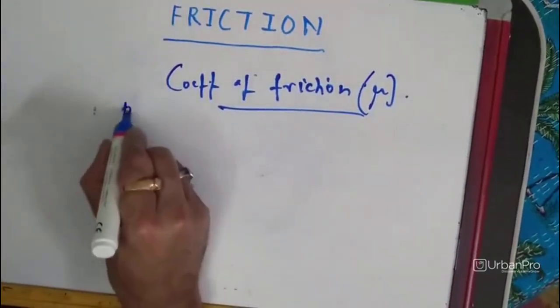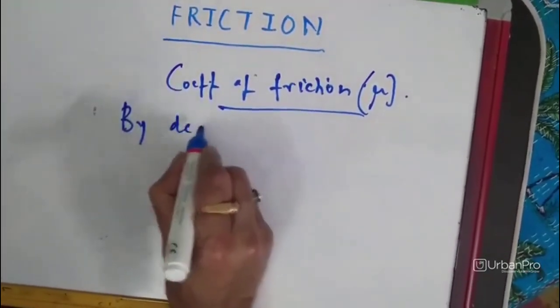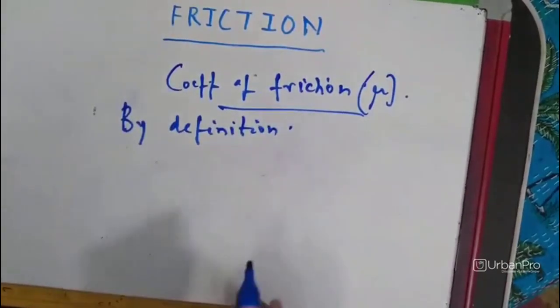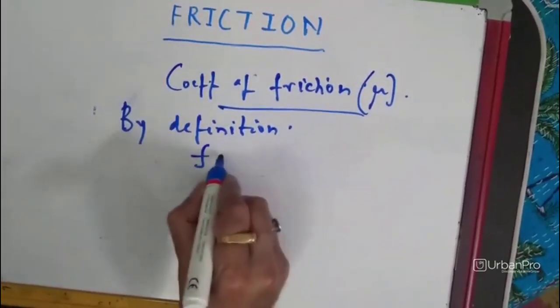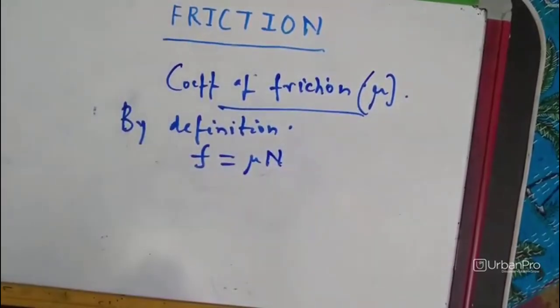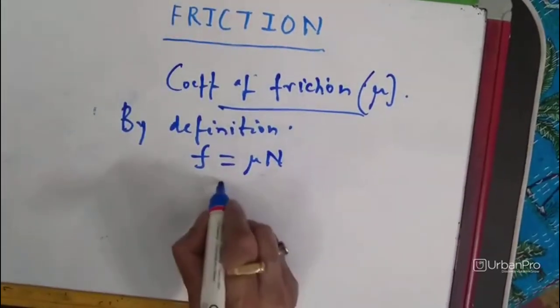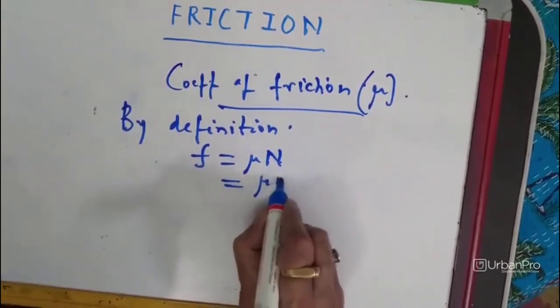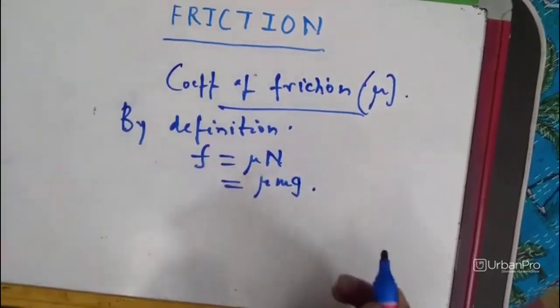And by definition, friction force, which is denoted as small f, is mu into N. And if the body is on a horizontal surface, N is equal to mg. So friction force is equal to mu mg.